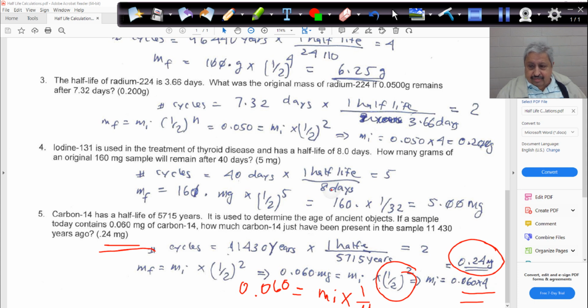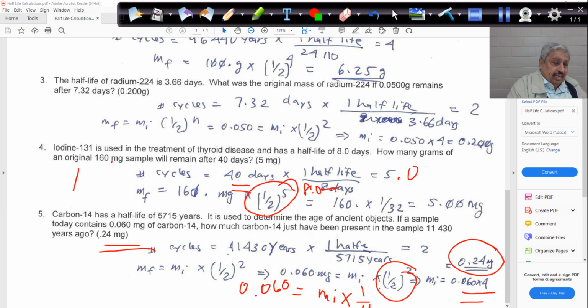And the 40 days, no significant figure. Here you have 8.0. So this is 1 sig fig, this is 2, 5.0, correct? But this will come out to the grams, which is 160. Okay, I see why.